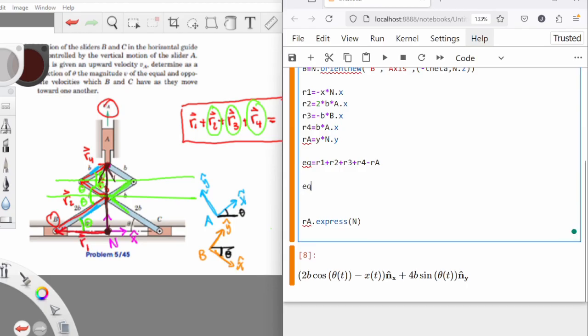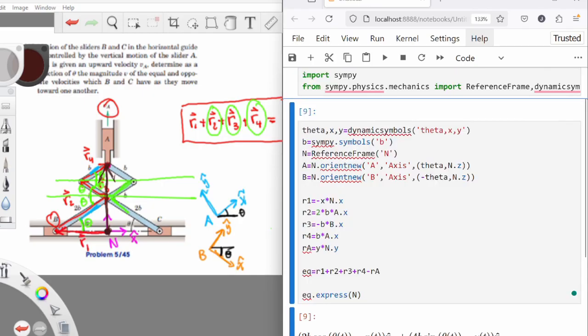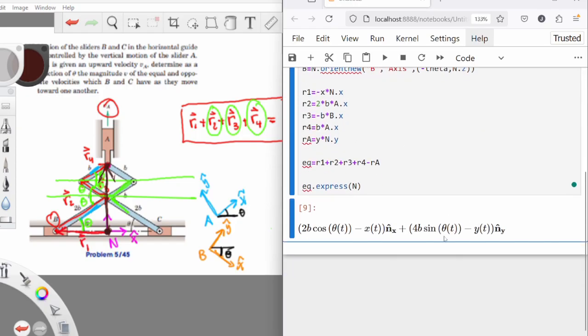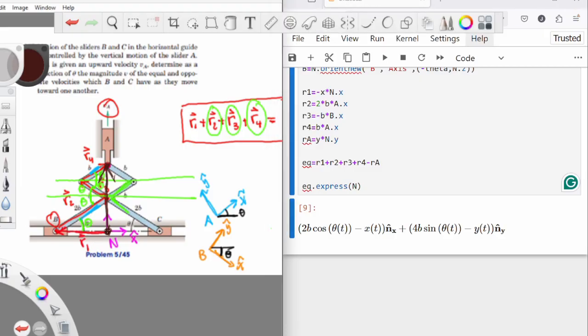Let's look at the equation expressed in N. Observe that the equation must be 0 so that it's describing the same thing as going from the origin to A, and then coming back to the same position.